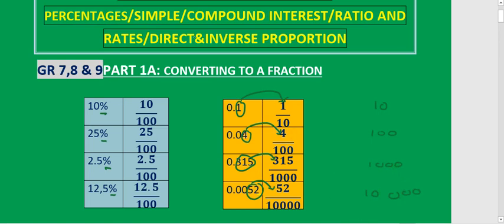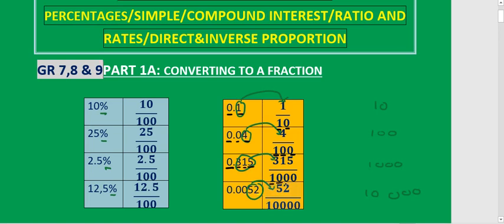So if we look at these particular numbers, starting with this one, how many digits does this number have? 1, 2. So that means we're going to use 10 because 10 also has 2 digits. This one has 1, 2, 3. So we'll use 100 because 100 also has 3 digits. This number is 1, 2, 3, 4, so the denominator must also have 4 digits. 1000 has 4 digits.